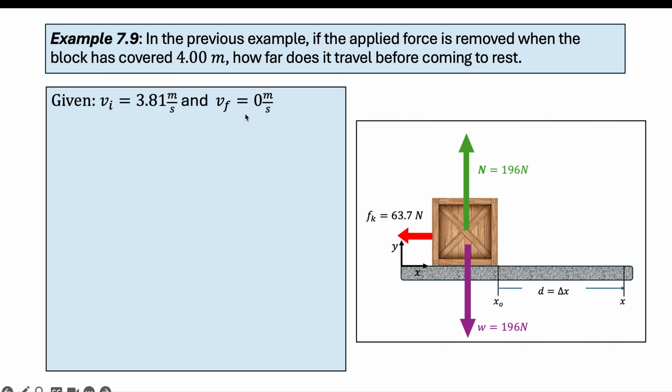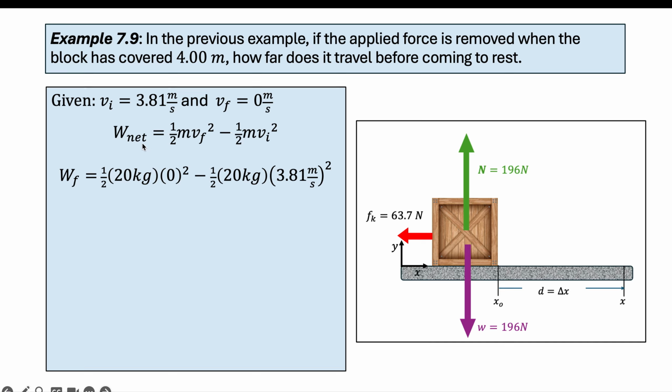Although we could use kinematics and figure out the acceleration of the block, we want to focus on using this concept of work-energy. So we know that the net amount of work done on the block when it covers some distance is equal to the change in kinetic energy, so the final kinetic energy minus the initial kinetic energy.